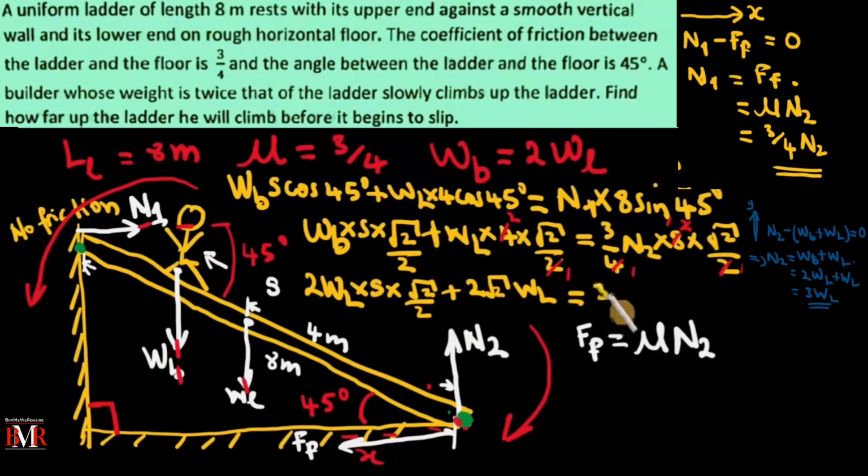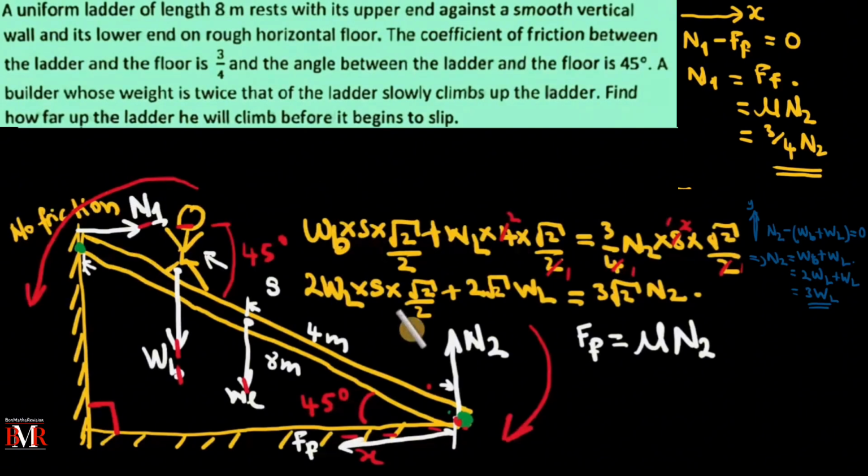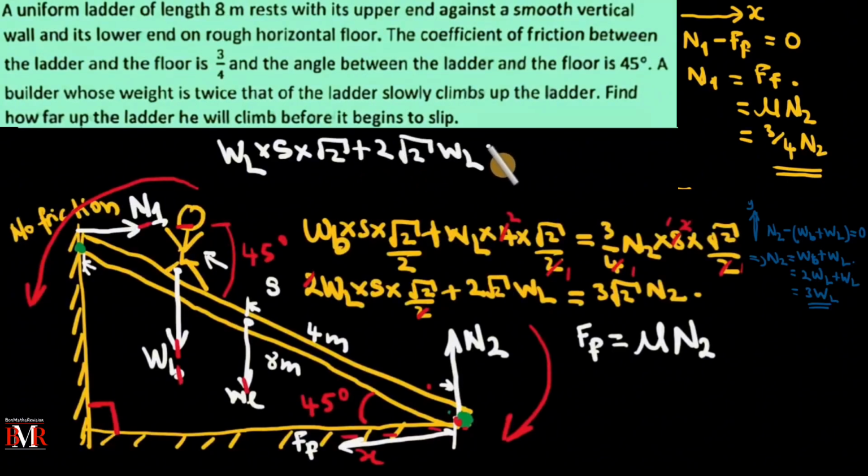From here 2 can cancel 2, and then I'll have WL times s times root 2 plus 2 root 2 WL, which is equal to 3 root 2 times N2.